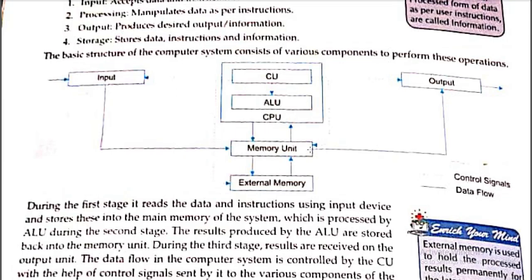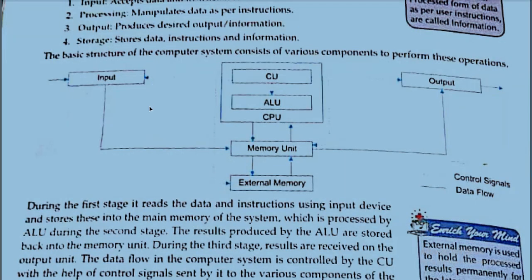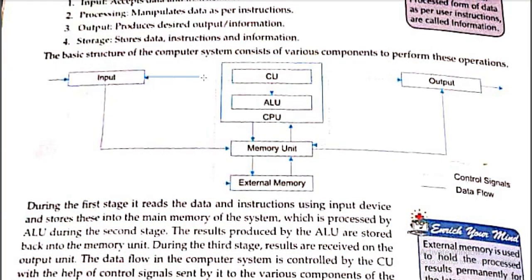And the control signals, basically there should be one arrow like this, and this indicates how the CU controls the input. Here is also one signal, like one line should be here. This also shows how the control unit controls the output instructions.